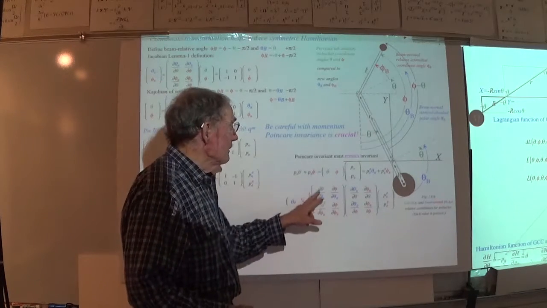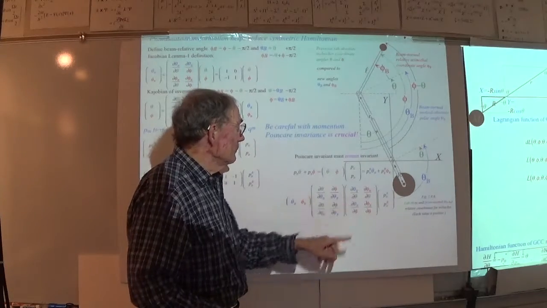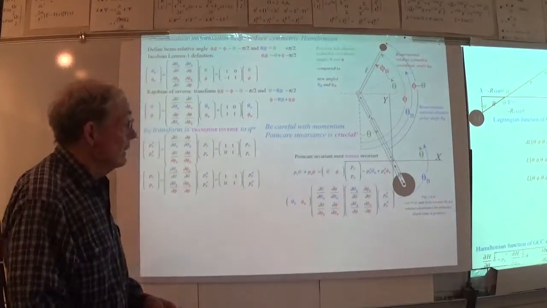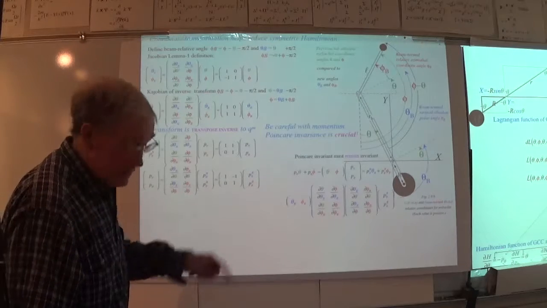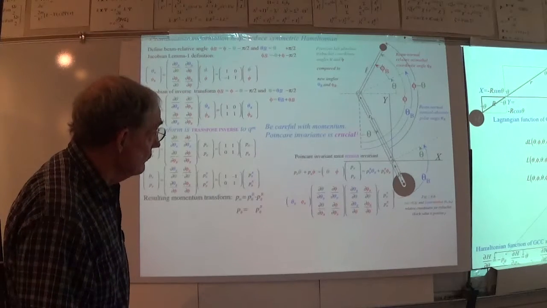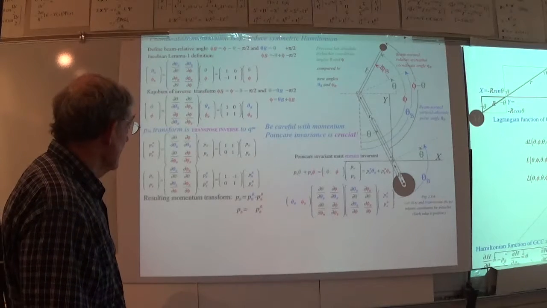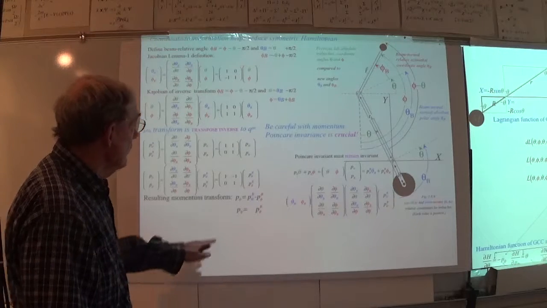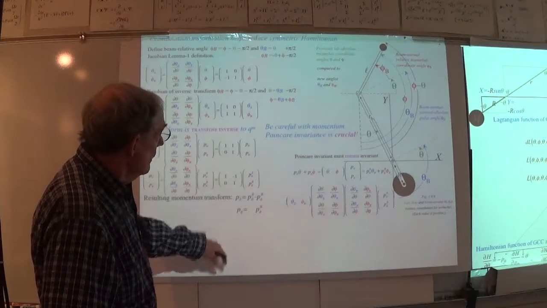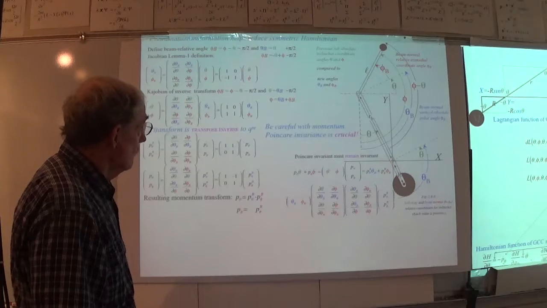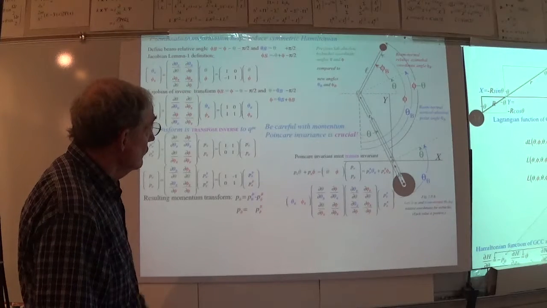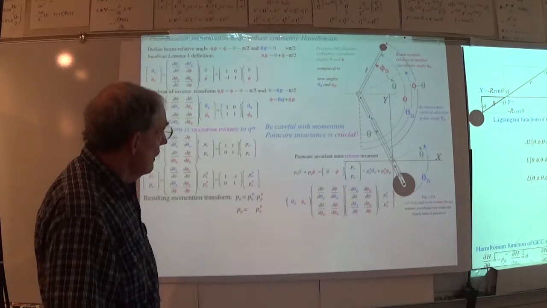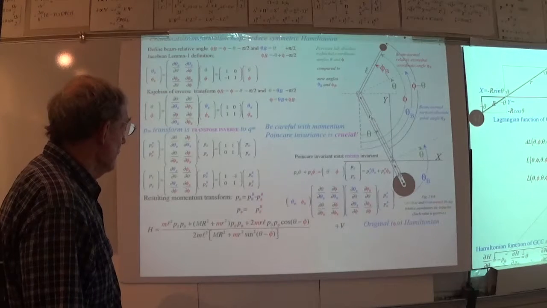Check that this guy right here and its supposed transpose inverse gives you back this very crucial invariant. Okay, so the momentum transform now, we're going to be writing our old P theta and P phi in terms of these beam relative momenta in that way.